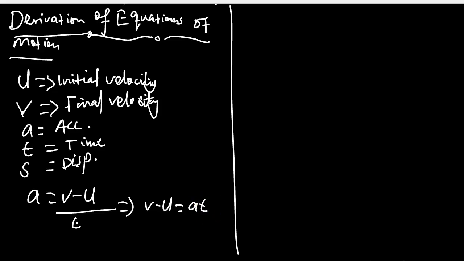That is, v minus u, the change in velocity, will give you at, acceleration with time. By simplification, if I make v the subject, then v is equal to u, because when I take negative u to this side, it becomes positive. So this is u plus at.